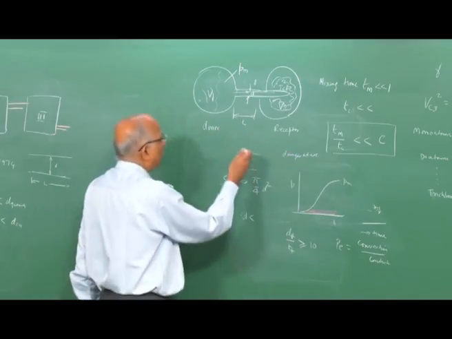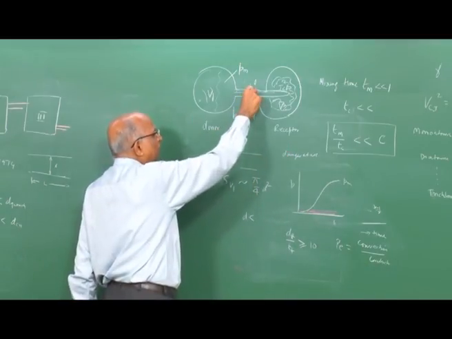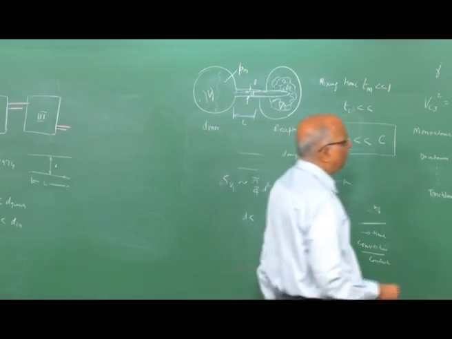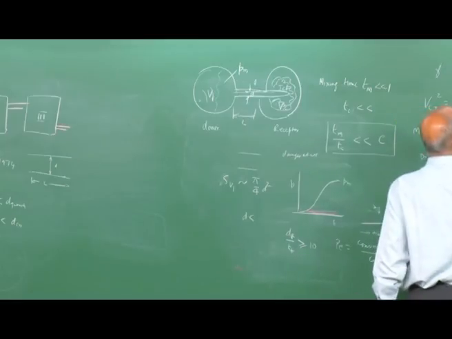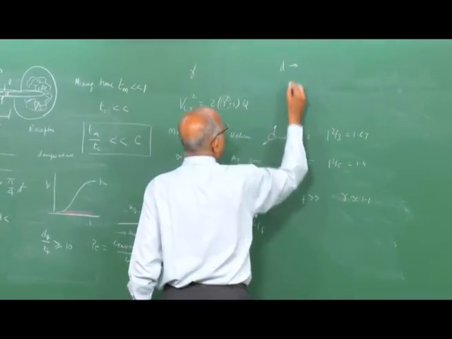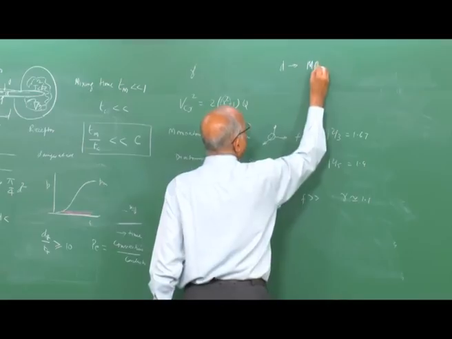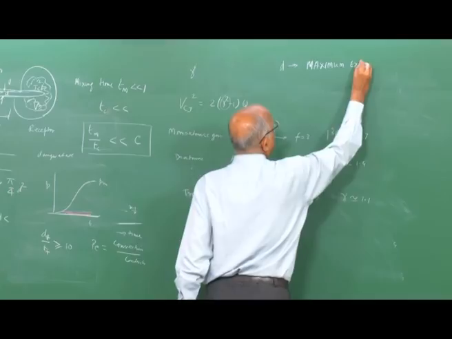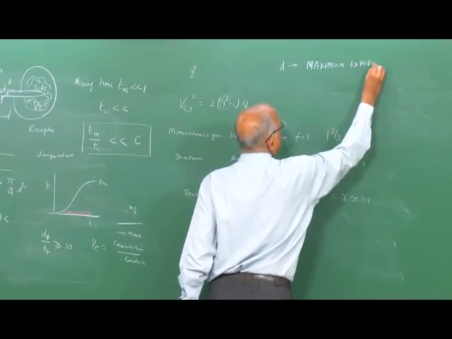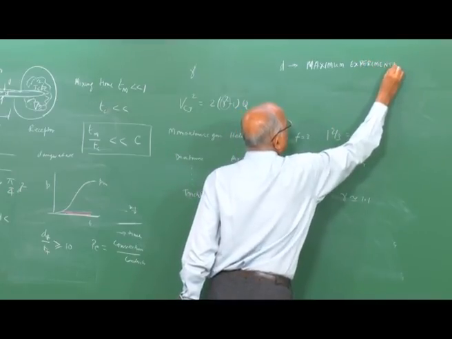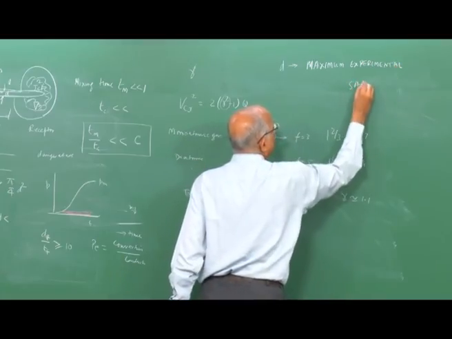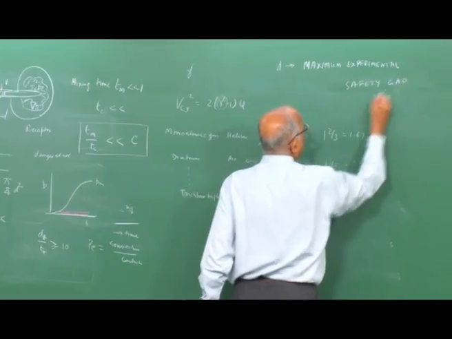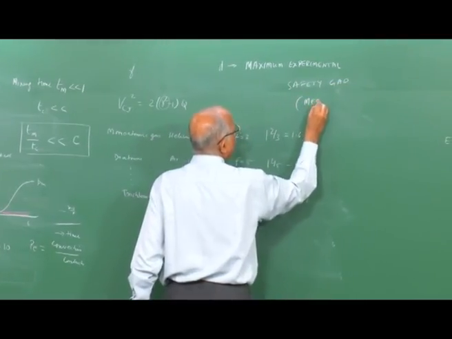But it is very difficult to theoretically determine this particular diameter, and in practice what is done is we derive it from experiments, and the diameter so derived from experiments is known as the maximum experimental safety gap, and it is known as MESG.